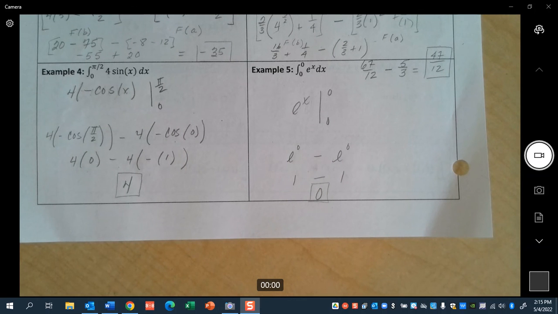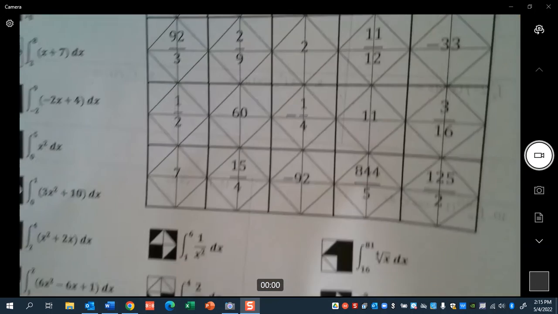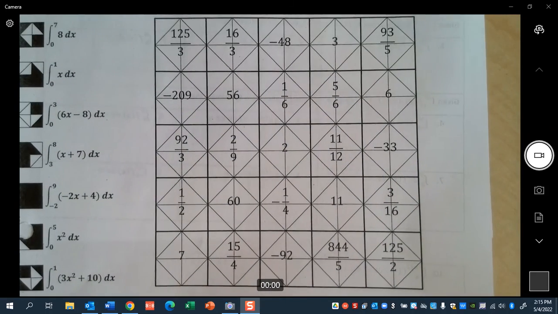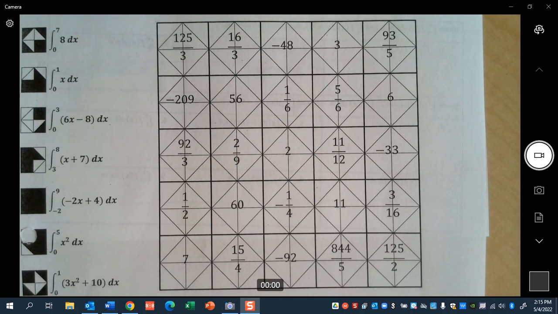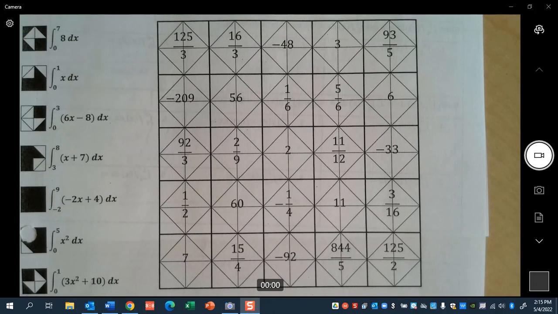Okay, so here is your classwork / homework. And it's kind of a fun puzzle. I think it's kind of cool. So what you're going to be doing is making a pattern.